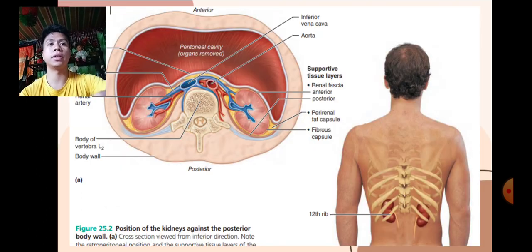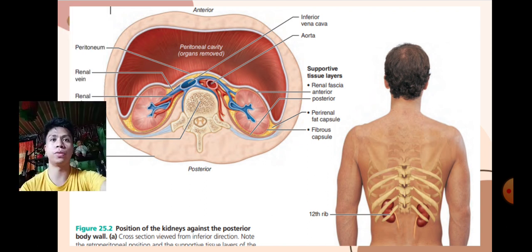And these are the anatomy of the parts of our urinary system in a cross-section view.